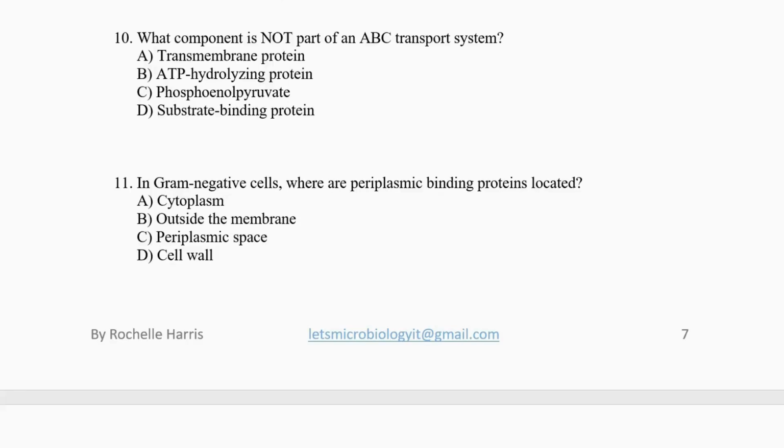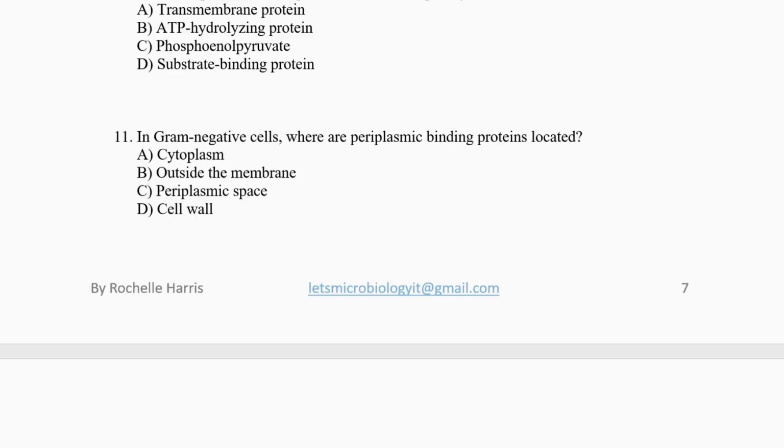In gram-negative cells, where are periplasmic binding proteins located?